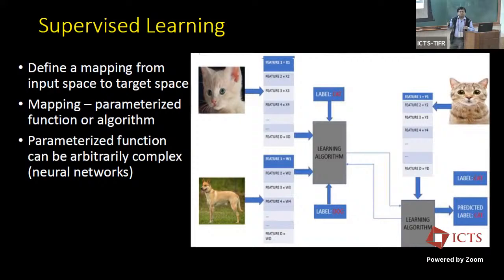Now, with this information which you are providing to the algorithm, what the algorithm will basically do is define some sort of a mapping from the feature space to the label space. The feature space now is no longer images, but these kinds of vectors.